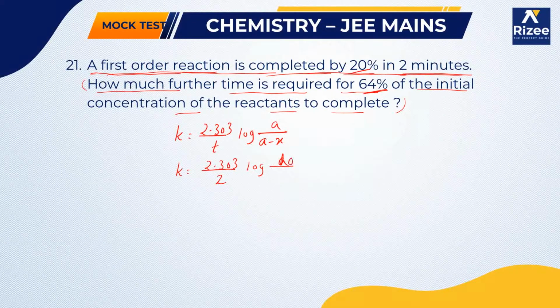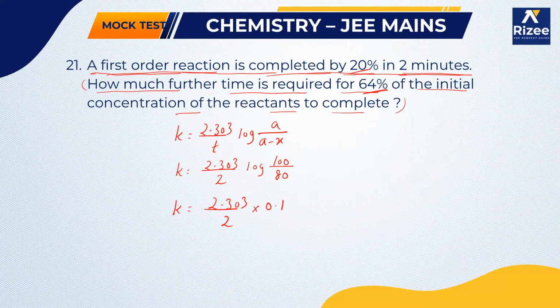We can write this as 100, and the remaining percent is 80, so 100 by 80. Upon solving, you will get the K value as 2.303 by 2 into 0.1.